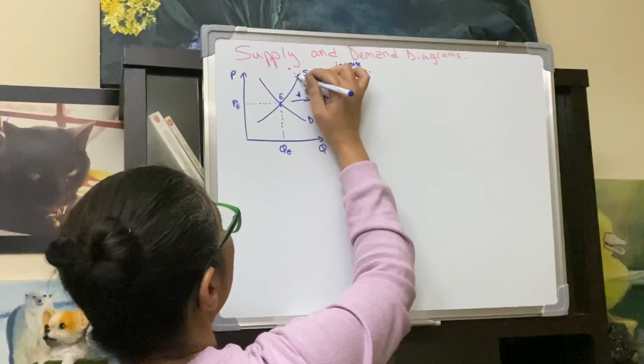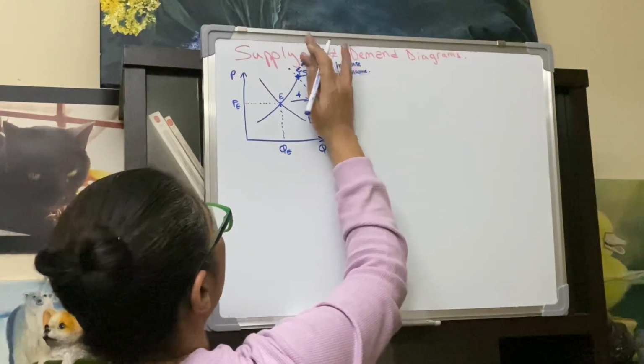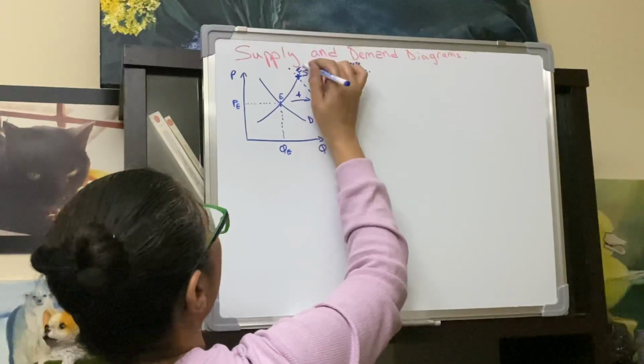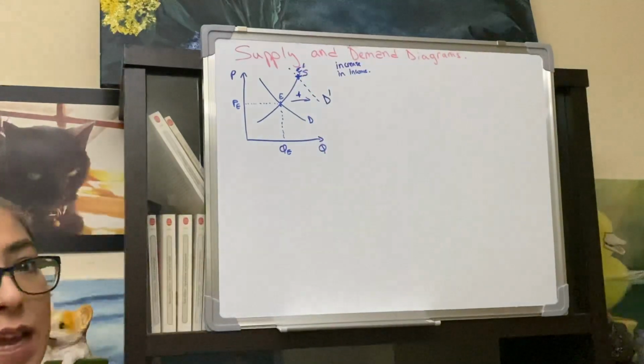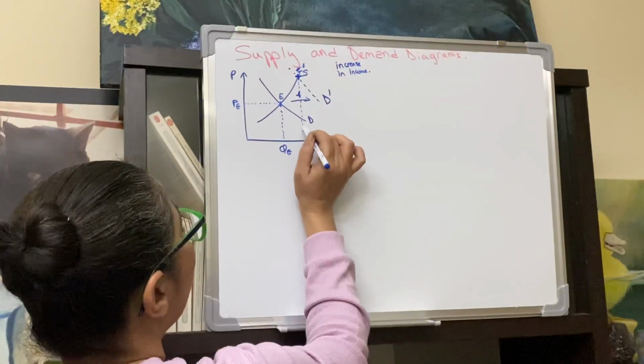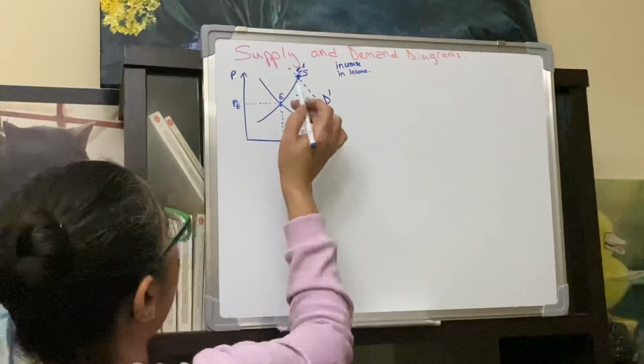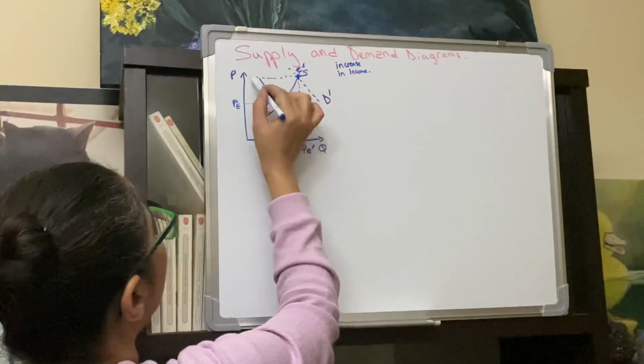So let's see what's going to happen in my market. This is my new equilibrium, E prime. Do you see it? Okay. E prime is the intersection between the two curves. Here is my QE prime, and here is my PE prime.